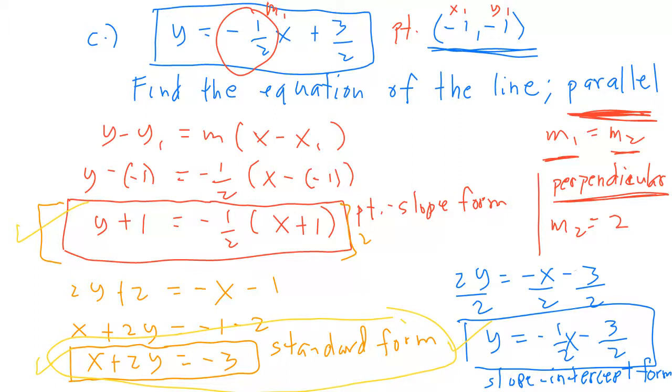And the other one that we solved is parallel to this line and passing through the point negative 1, comma, negative 1, and that would be negative 1/2 x minus 3/2.